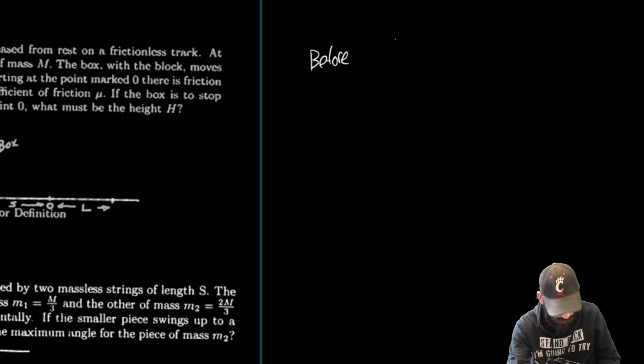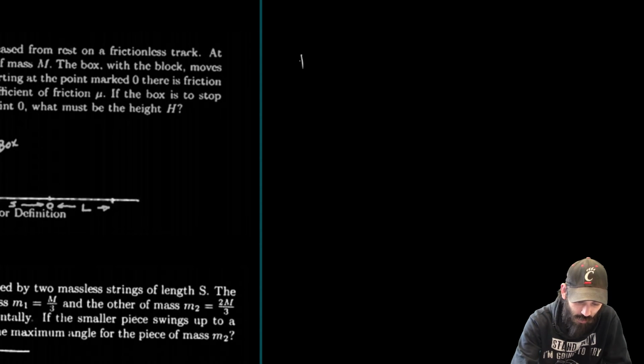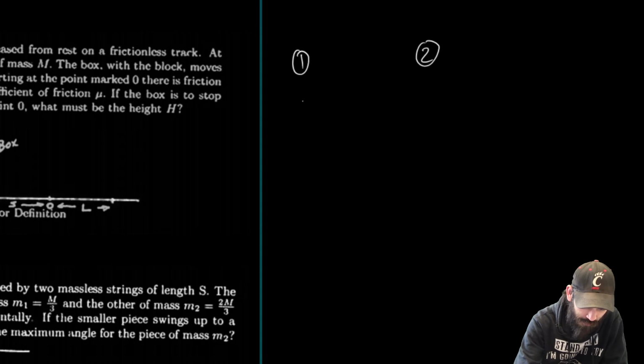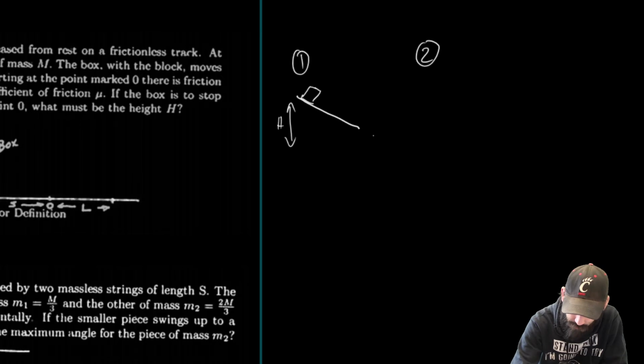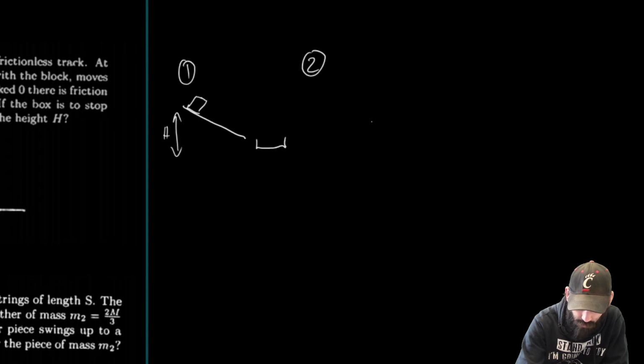And actually, I'm just going to write these in terms of numbering the states. So here's state 1, state 2. So state 1, we're going to have this block on the inclined plane. And this is going to be some height of h above. State 2 is just the instant before it gets in the box.